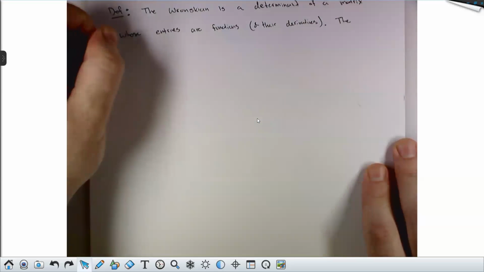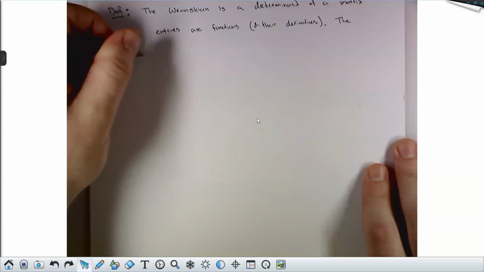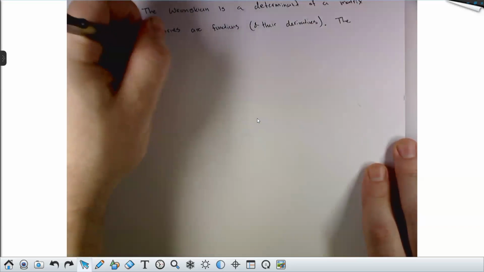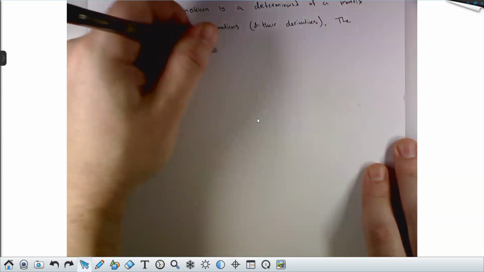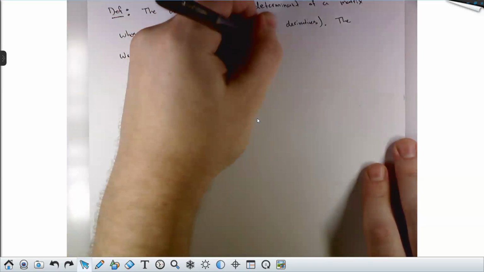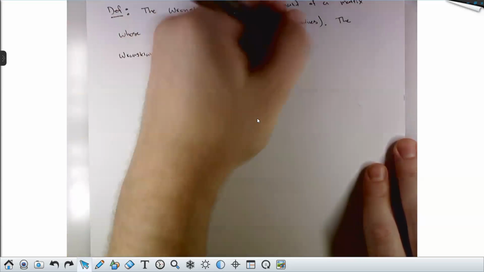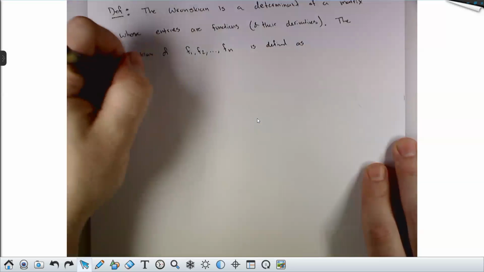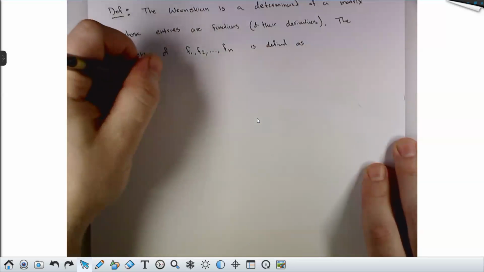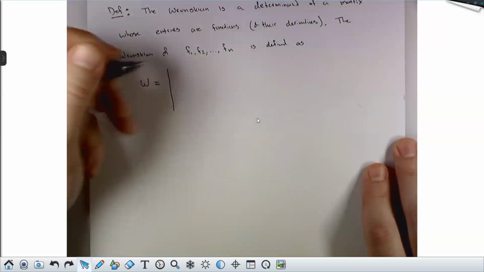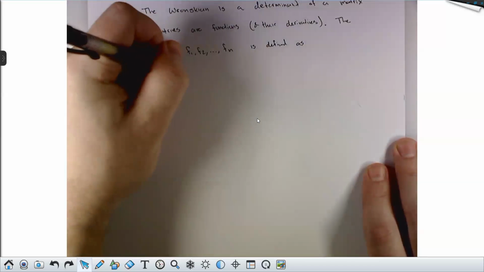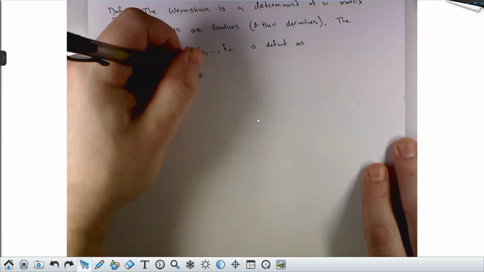The Wronskian of the functions f1, f2, out to fn is defined as W equals the determinant of: row 1 is just the functions.